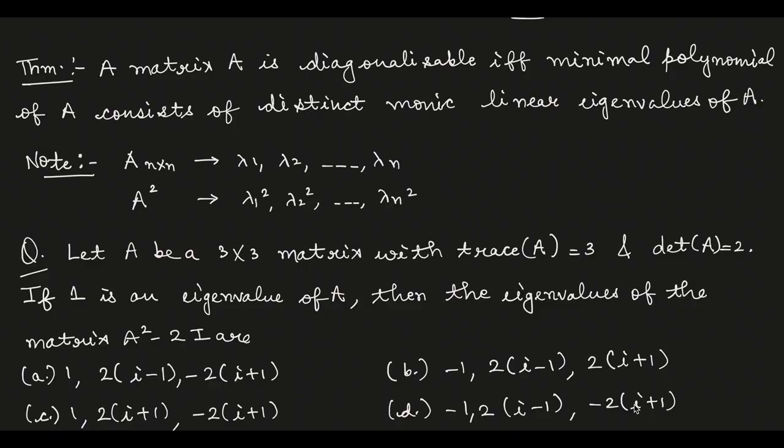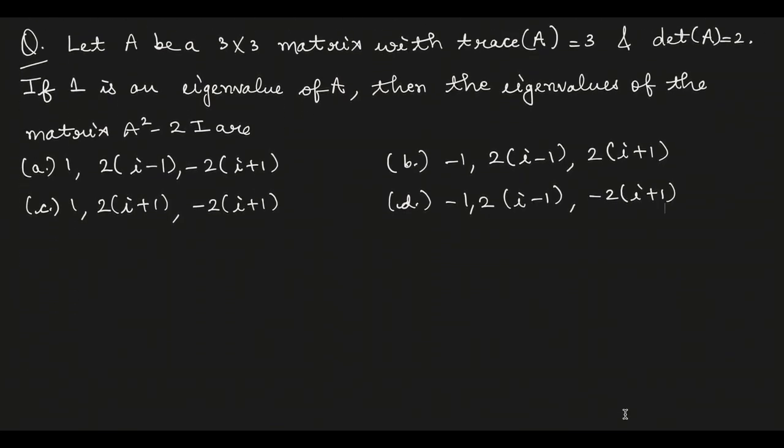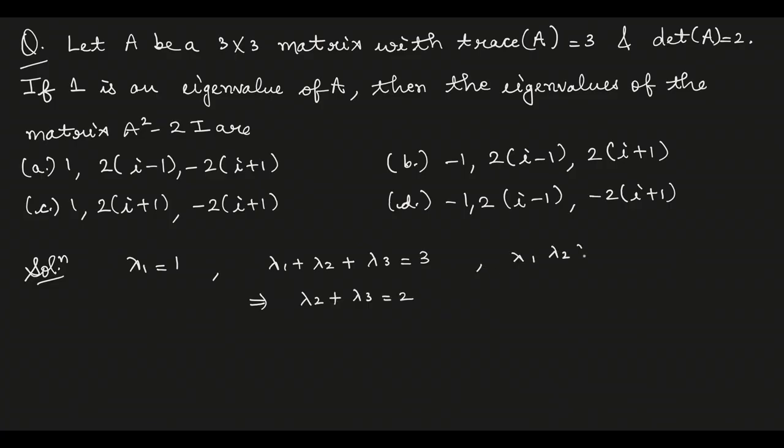None of the options match for me because I am getting 1 minus iota and 1 plus iota. One of the eigenvalues is 1. Then the trace gives lambda 2 plus lambda 3 is 2. Product is also 2. So now the equation is x square minus 2x plus 2.